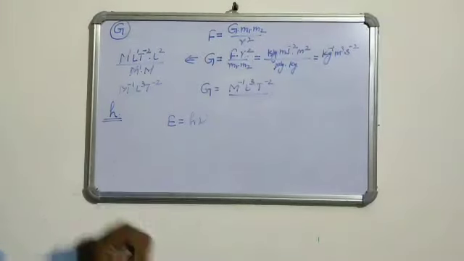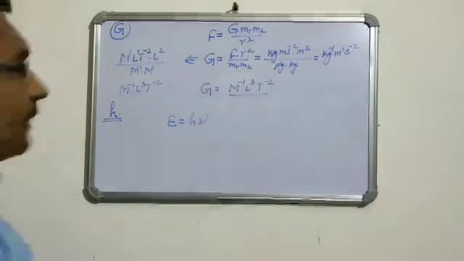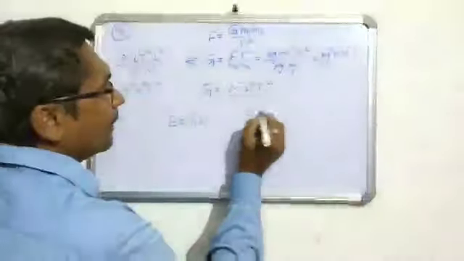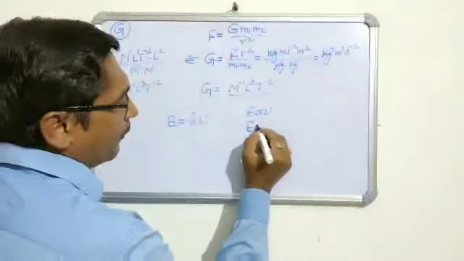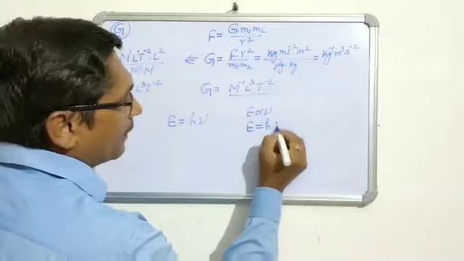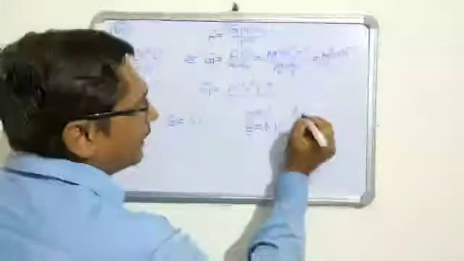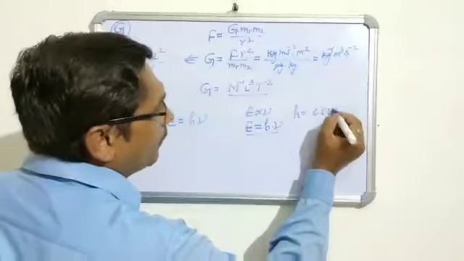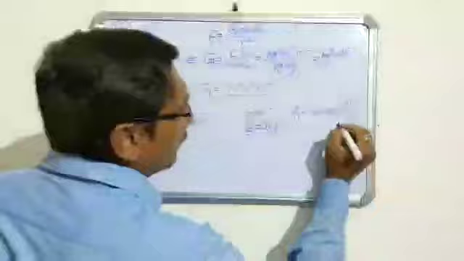According to the Max Planck quantum theory, the energy of a photon is directly proportional to its frequency, and we have to remove the proportional sign. We are using a constant h here. This constant is called the Max Planck constant, and its value is 6.67 into 10 to the power minus 34 joule second.